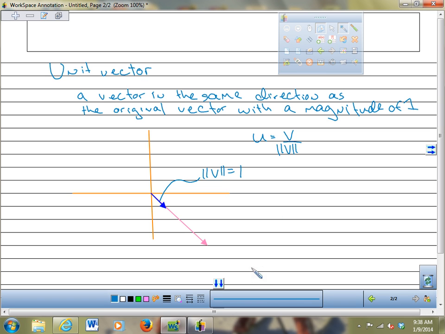Okay, just like that, because if I divide a vector by the length or the magnitude of the vector, what am I going to get? I'm just going to get 1.